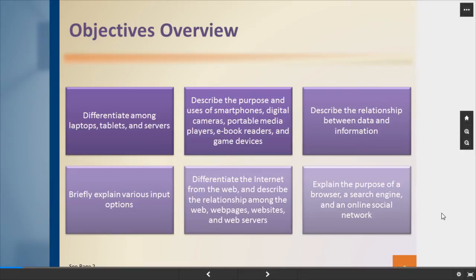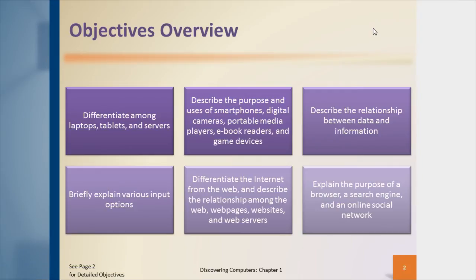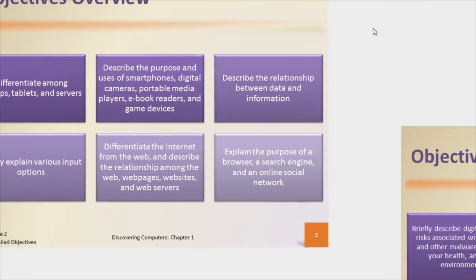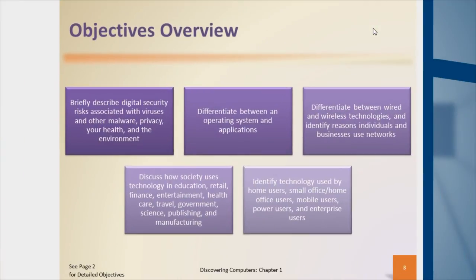We'll differentiate the internet from the web and describe the relationship among web pages, websites, and web servers. We'll explain the purpose of a browser, a search engine, and an online social network. We'll briefly describe digital security risks associated with viruses, other malware, privacy, health, as well as the environment.